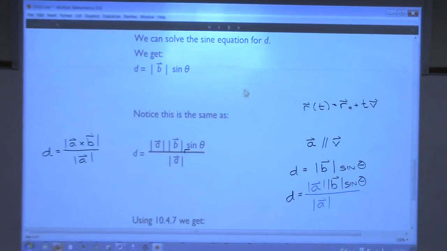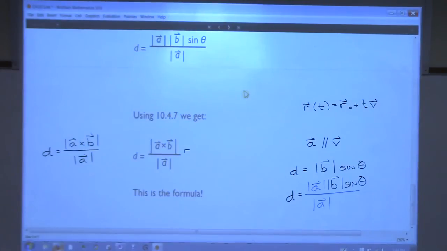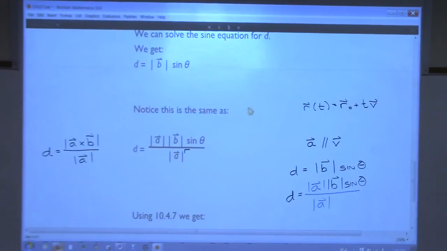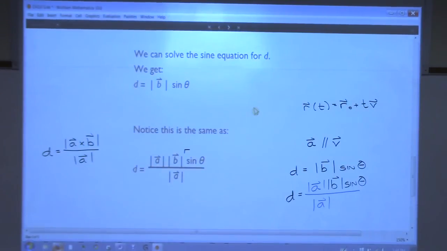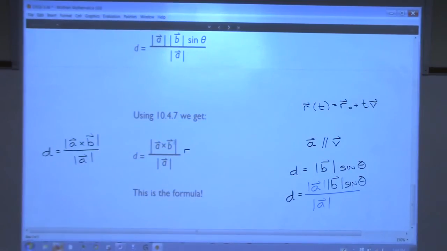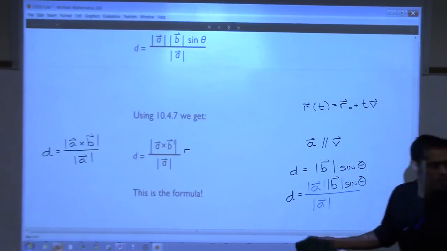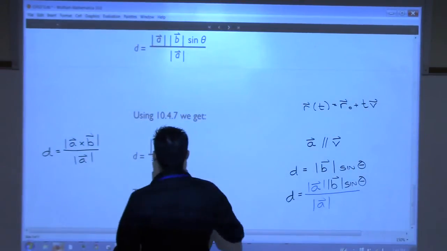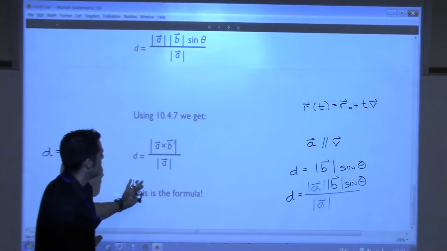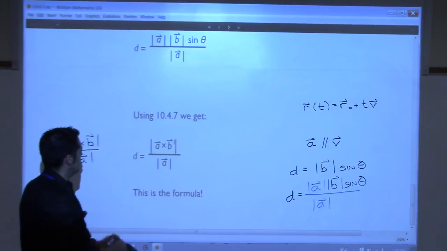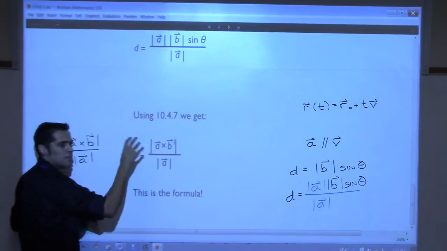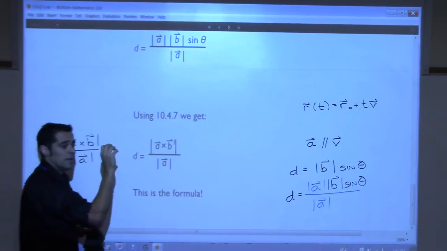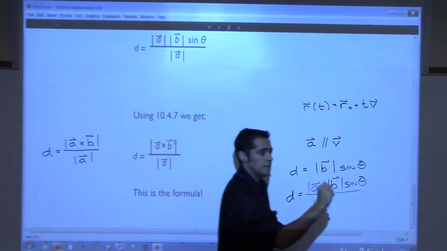Oh, it's down here. Here we go. That formula is what? This D, this right here is the shortest distance between a point and a line.